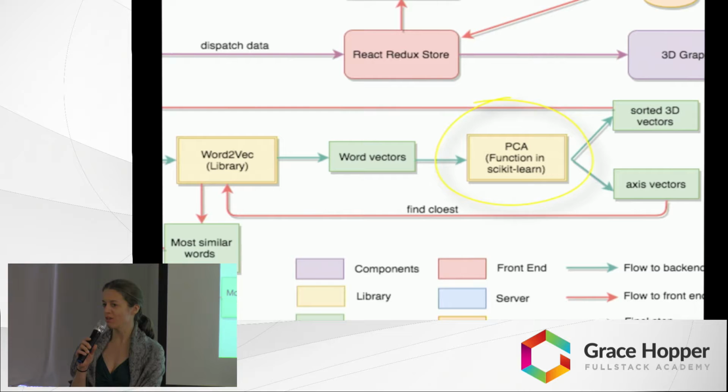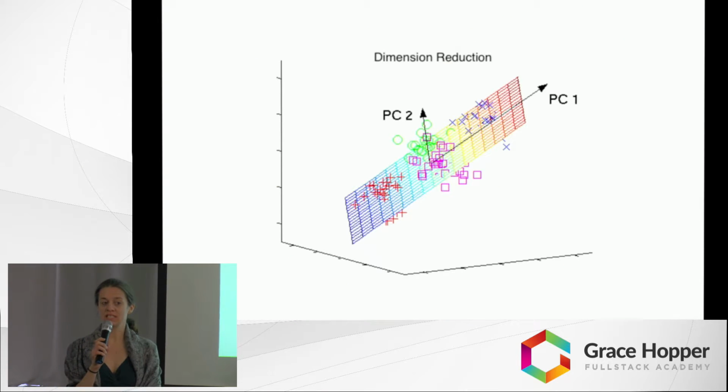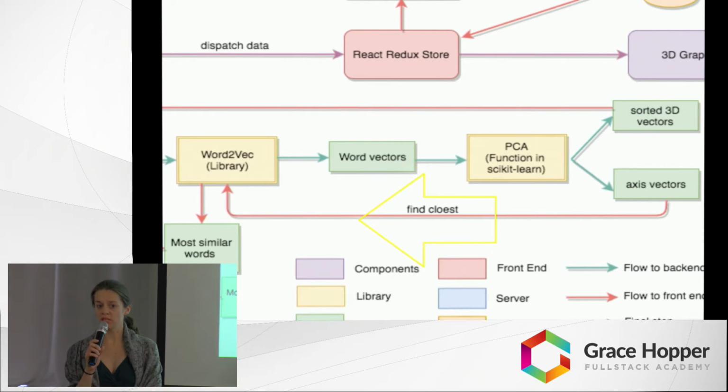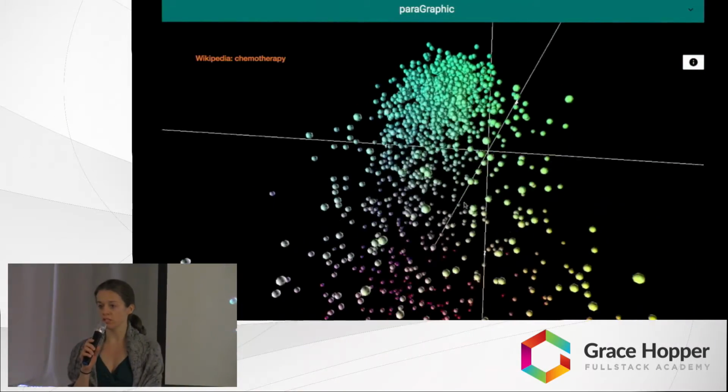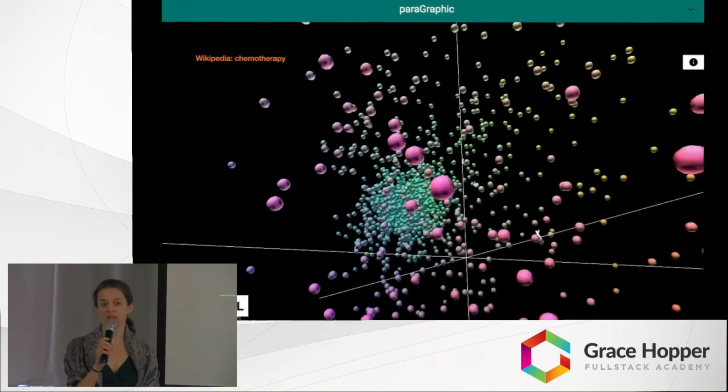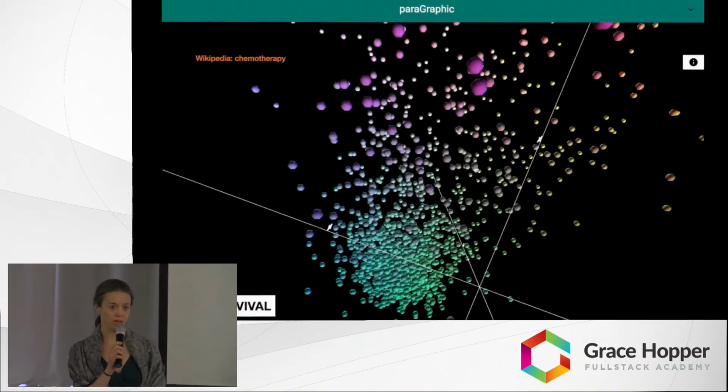However, following a robust critique from someone better versed in statistical methods, we decided to refactor to use principal component analysis, or PCA. PCA reduces data from many dimensions to a few key dimensions by identifying those that contribute to the most variation in the data. These key dimensions are defined as vectors, which we can then pass back through Word2Vec in order to find the words that lie closest to them.